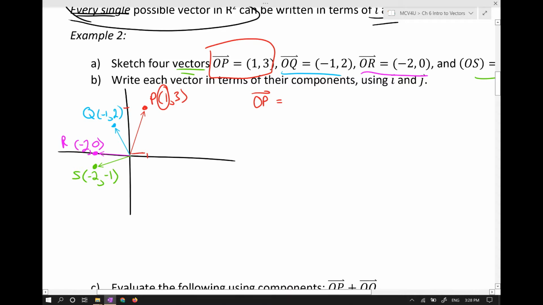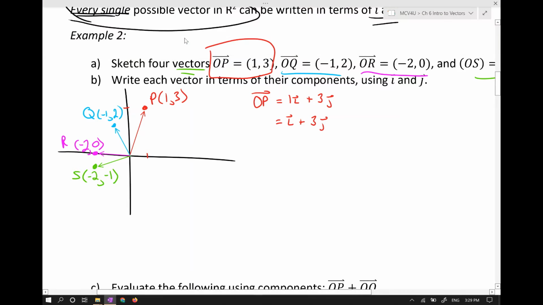Well, the x-coordinate is 1, so we're only going to the right 1 unit. So we're working with 1i plus how many j's? Well, our y-coordinate is 3, so we need 3 j's here. So plus 3 times j. And if we'd like, we can simplify that a little bit further. That's i plus 3j. Well done, nice and easy.